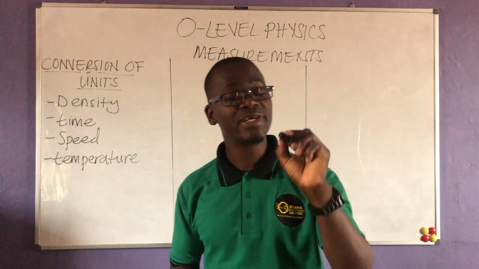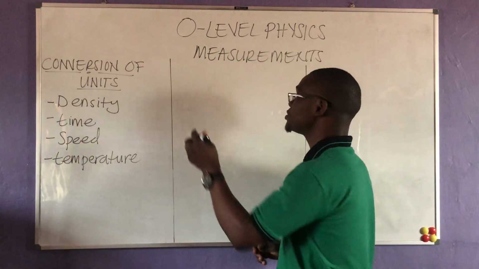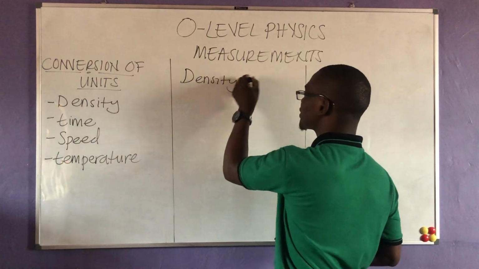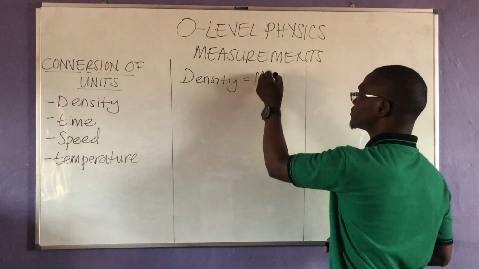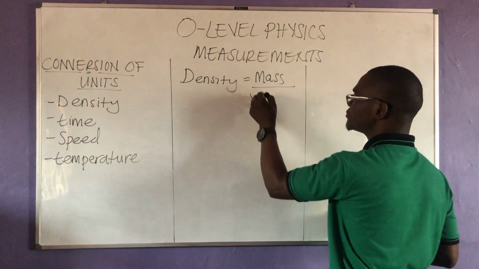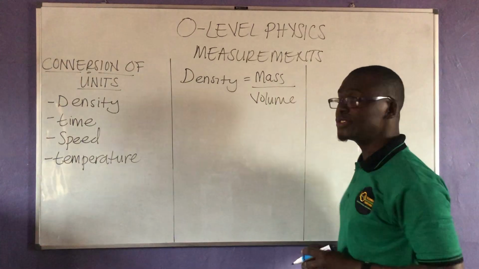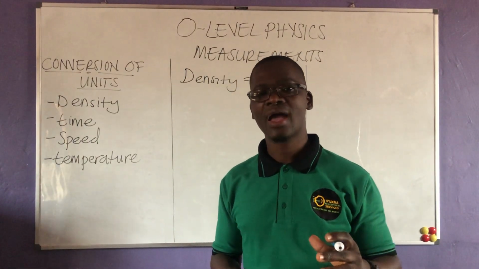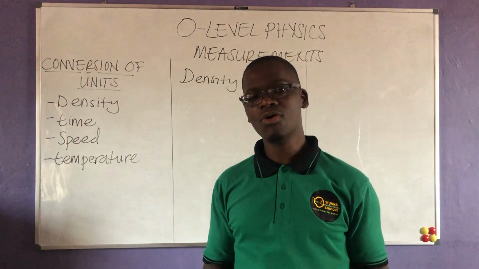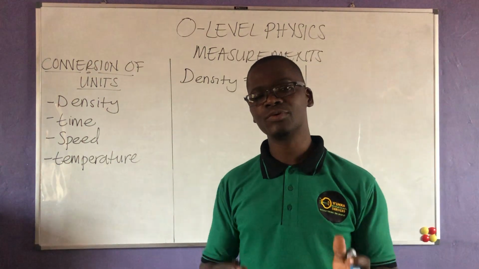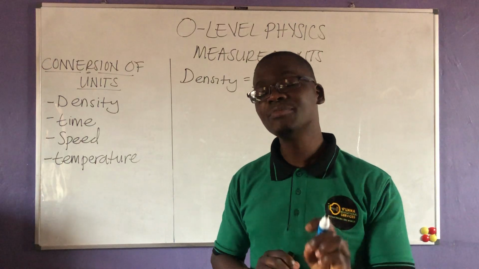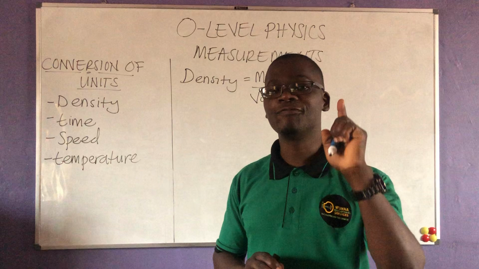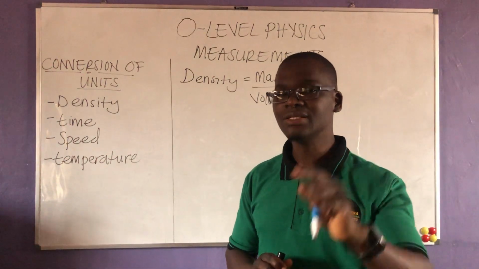And therefore, from that definition, we shall have density as mass over volume. Actually, to explain this, density means the mass or the quantity of matter contained in a substance that occupies a volume of 1 cubic centimeter.